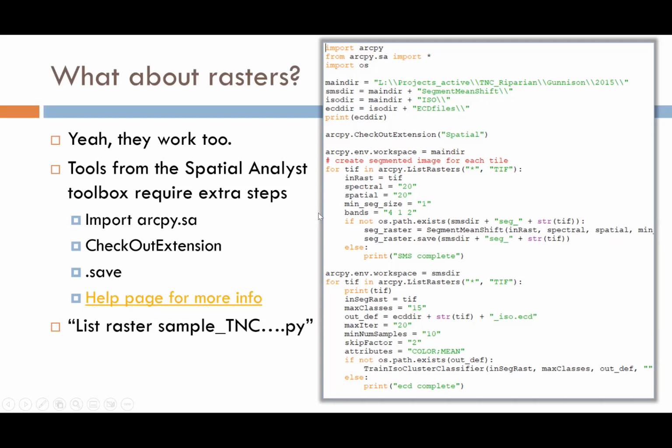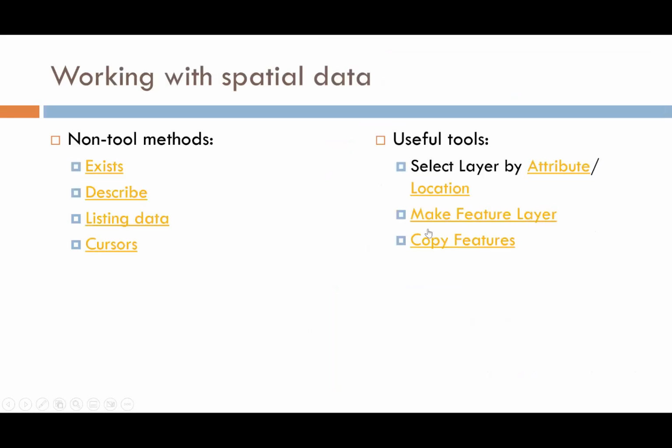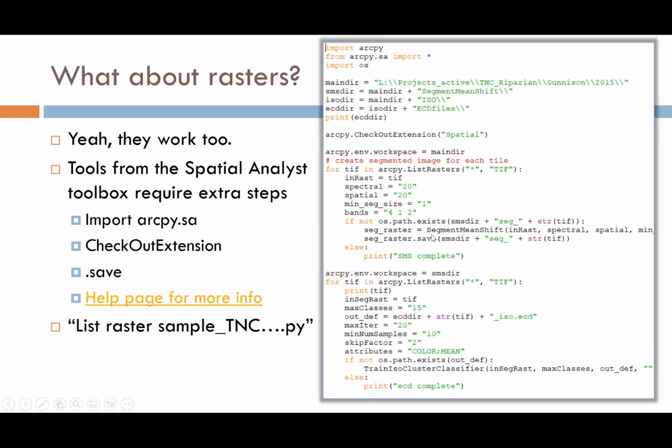So the snippet that we're looking at here, you have in the sample code, but this is doing some remote sensing kind of classification on some imagery, but you can see we run it. You run a tool here, and we're running this segment mean shift tool. There are the parameters. And notice that we set the result equal to the seg raster.